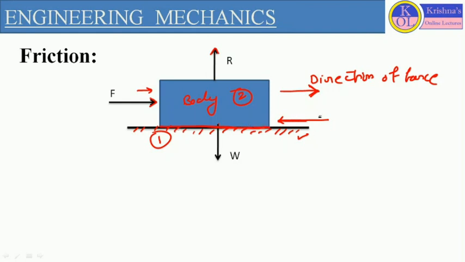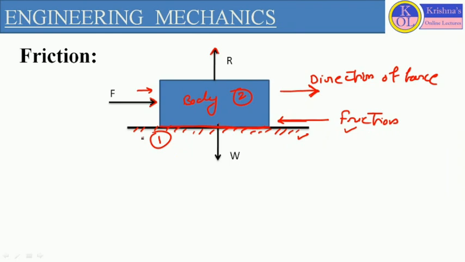That tangential load acting at the contact surface is called the resisting force, and that resisting force is called friction force. This is the condition when one body is stable and one body is in motion, and this motion we generally define because of the magnitude of friction force.